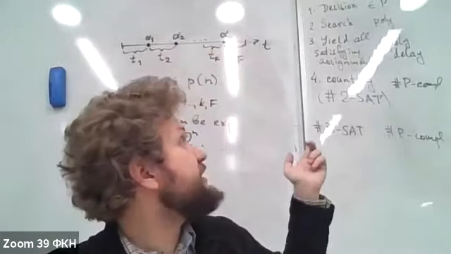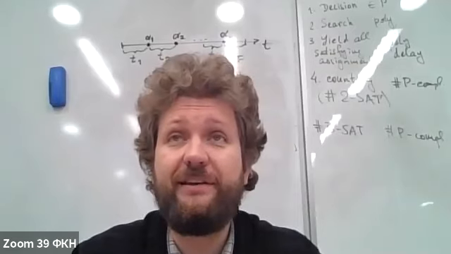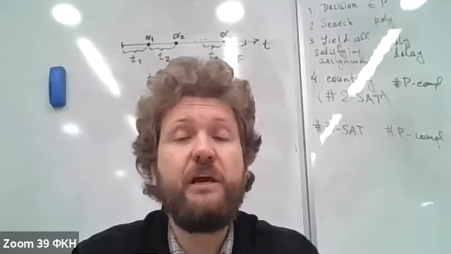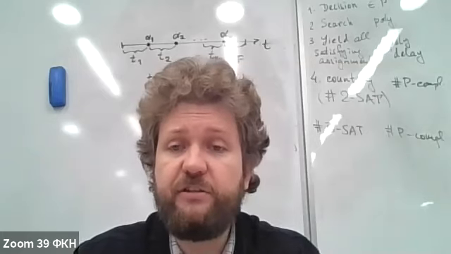But here decision is easy, and search is easy, and even yielding is polynomial delay. But counting is hard. We will not prove this, we'll prove a related question on this hardness.